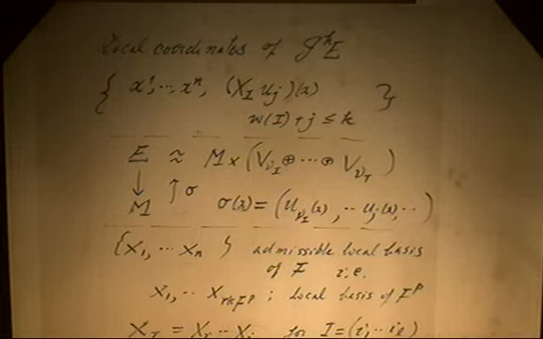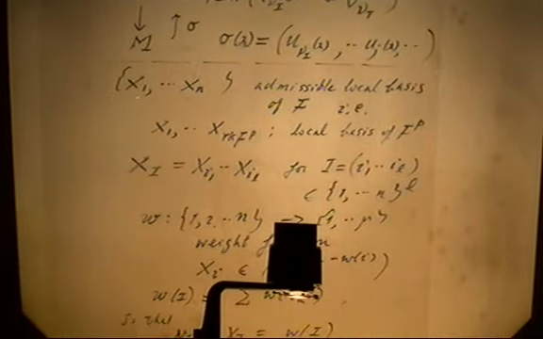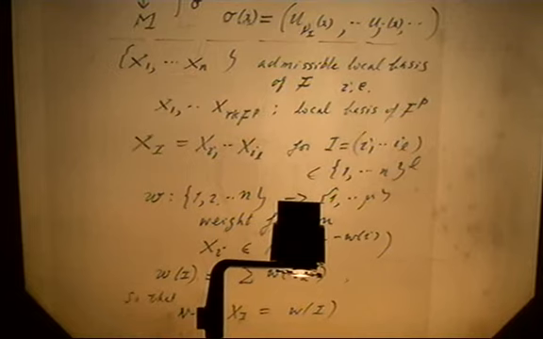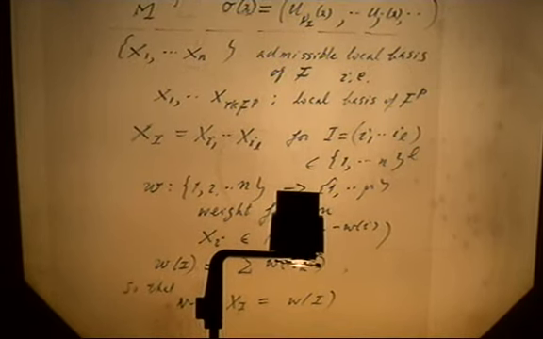And X^I, where I is a multi-index, like this. Here X1 to Xn is an admissible local basis of F. That is, independent vector fields on the filtered manifold such that X1 to X_rank of F_p is a local basis of F_p.